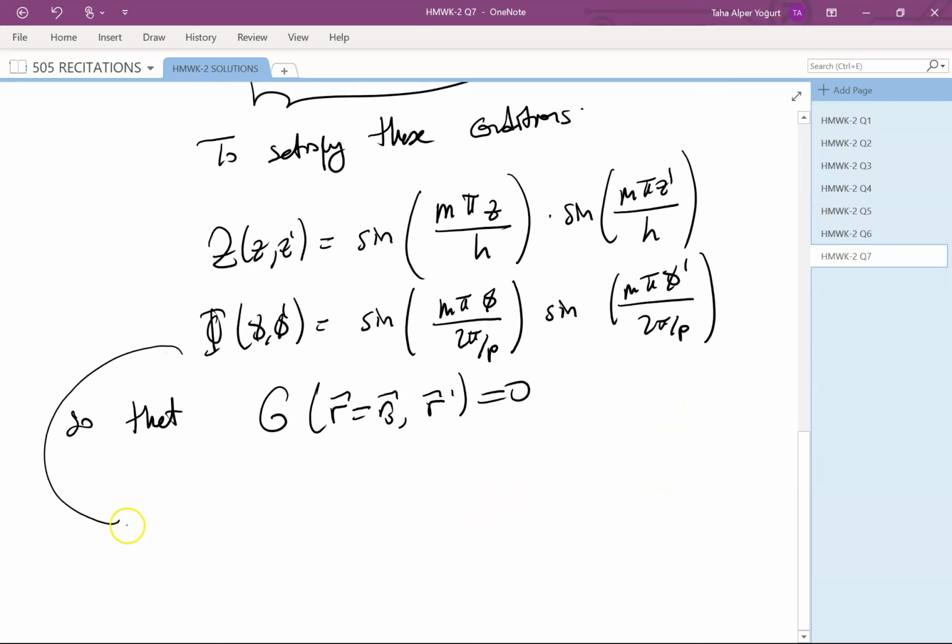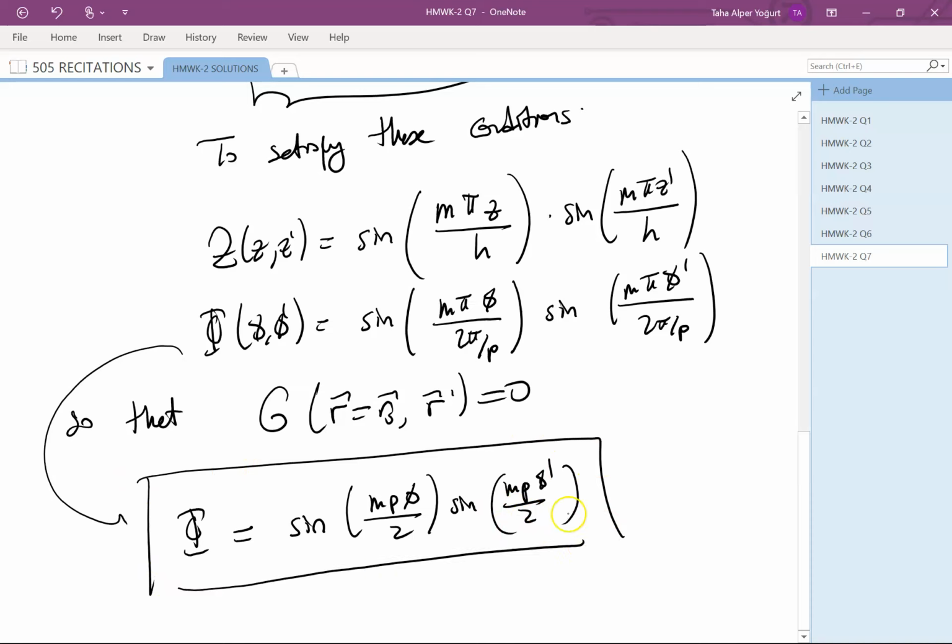So let me re-express the phi part over here. Phi, sine MP phi over 2 multiplied by sine MP phi prime over 2. That is in this form.